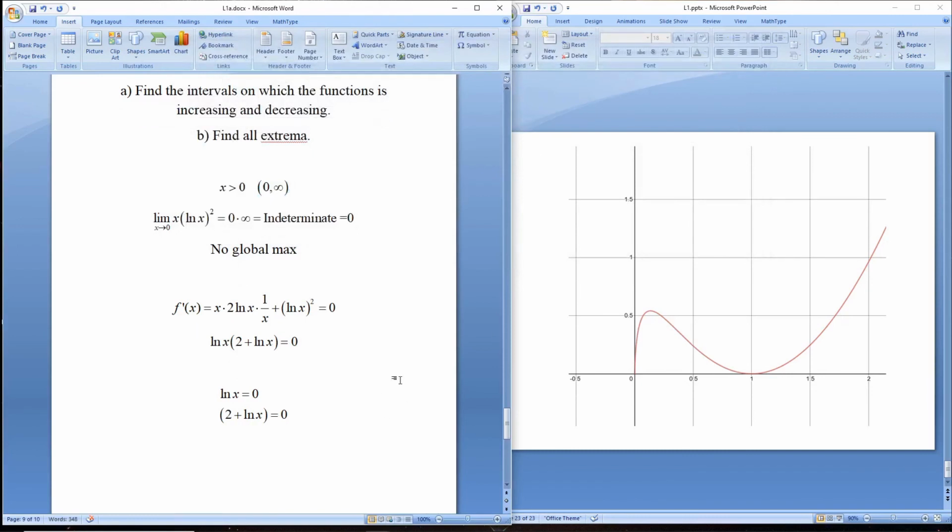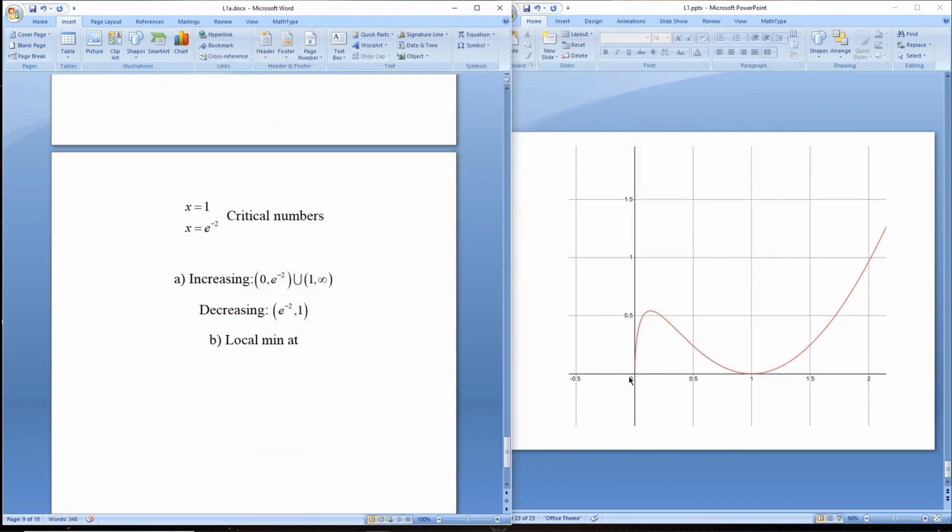Thus, it can't be extrema. So this is not an extrema here because it's an open endpoint. So our only local min is at 1. And then we have our local max right here at what we figured out is e to the minus 2.